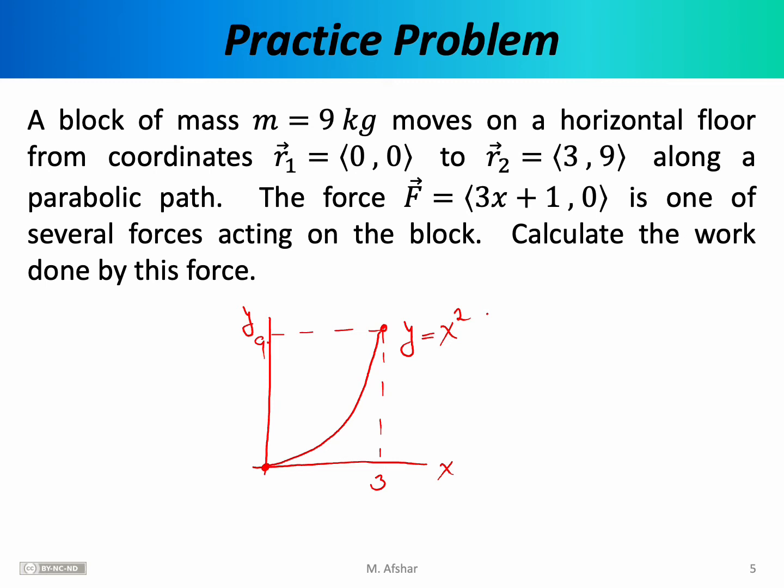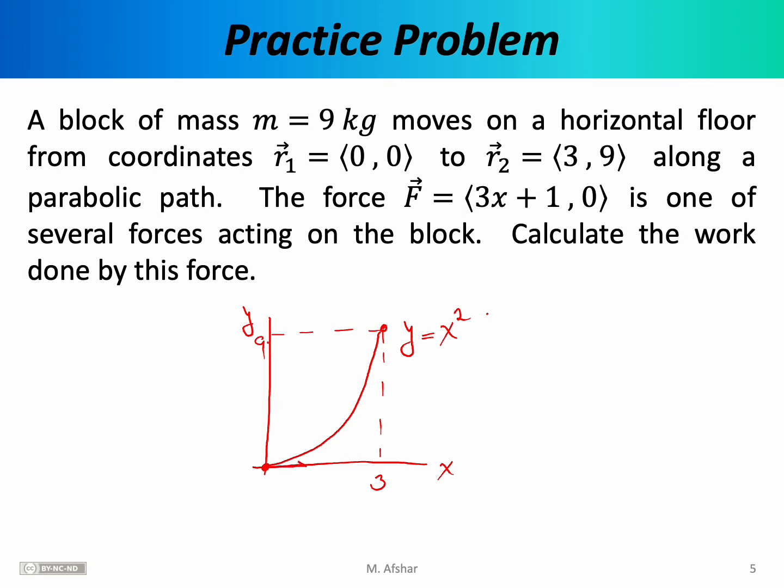Now, there are multiple forces acting on this box, but the force you're applying, the force we're interested in, is described here as 3x plus 1, 0. So the force that we're interested in has a 0 y component, and it has a variable x component. A little more precisely, that means the force only points in the x direction.